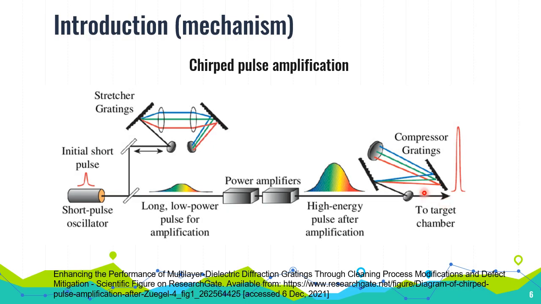Also, we need to use a mechanism called chirped pulse amplification. How a chirped pulse amplifier functions is that it uses a stretcher grating.